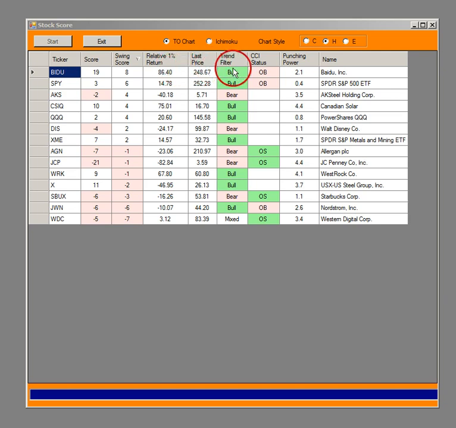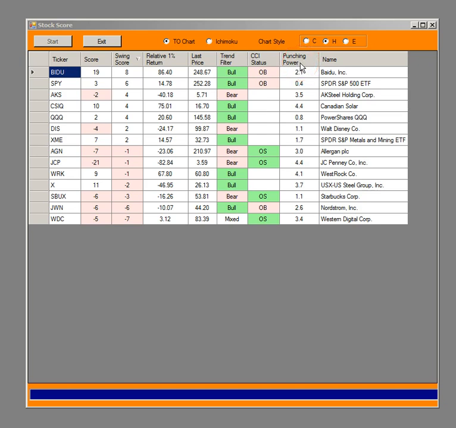And then the last price, the trend filter, which shows it bullish or bearish, the CCI status, which ranges from -100 to +100 in numerical terms, and this shows you whether it's in the OB or the OS territory. And punching power is a simple division.